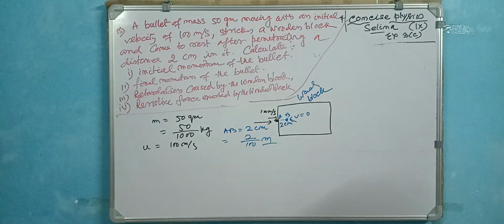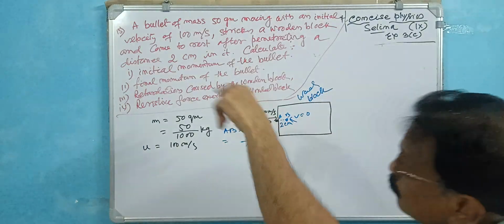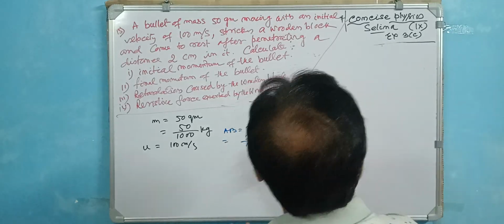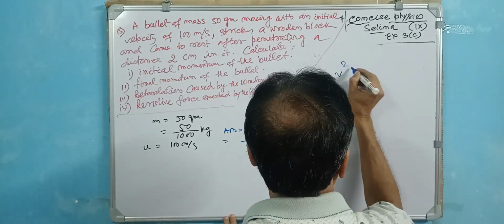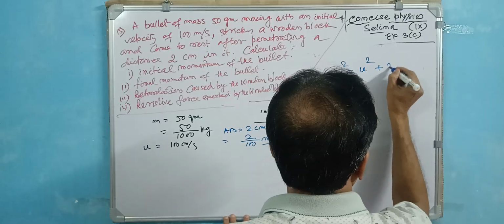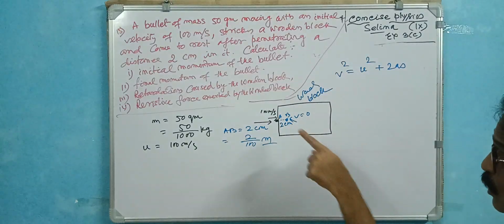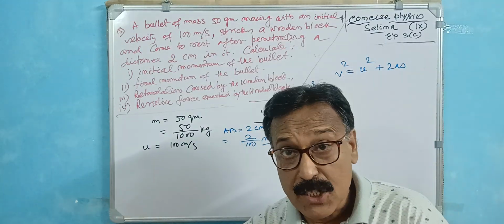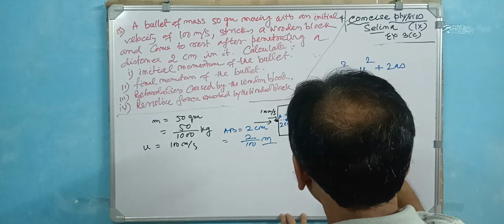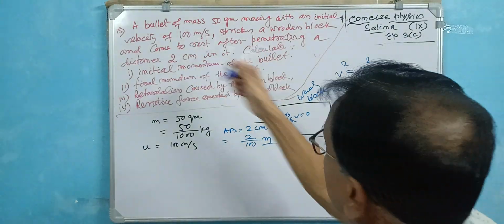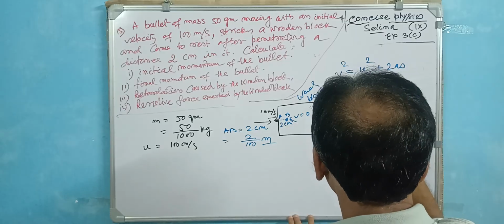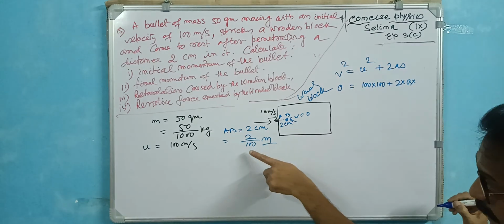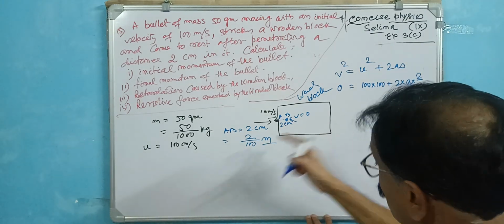Is that clear? Now, from here to here, the formula is v square is equal to u square plus twice a s. Because we need to calculate the retardation, v is 0, u is 100 into 100, twice a you find out, and s is 2 by 100.